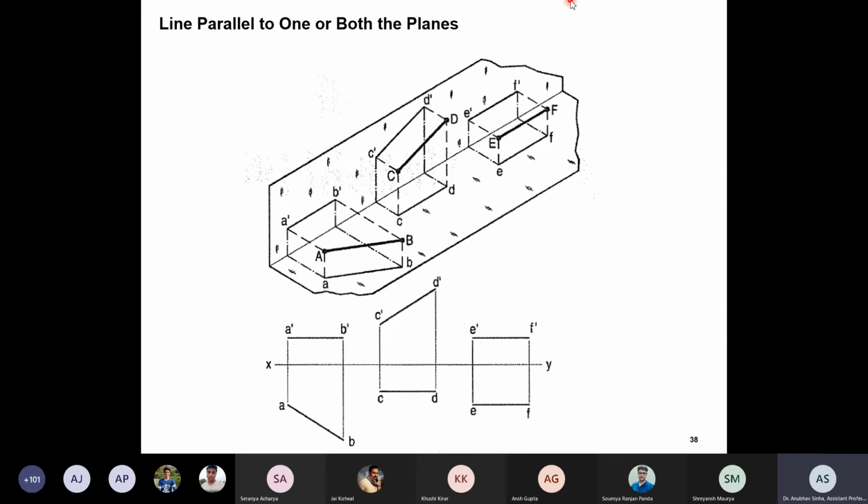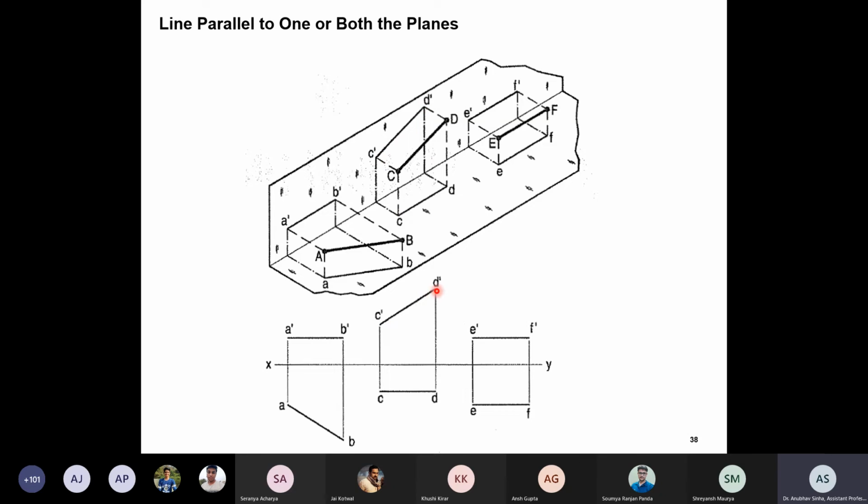Okay. Similarly, this is the line CD. If I look from the front, I will see a straight line. This is the view of C dash D dash, which is there on the vertical plane. C dash D dash is the projection of this line on the vertical plane.